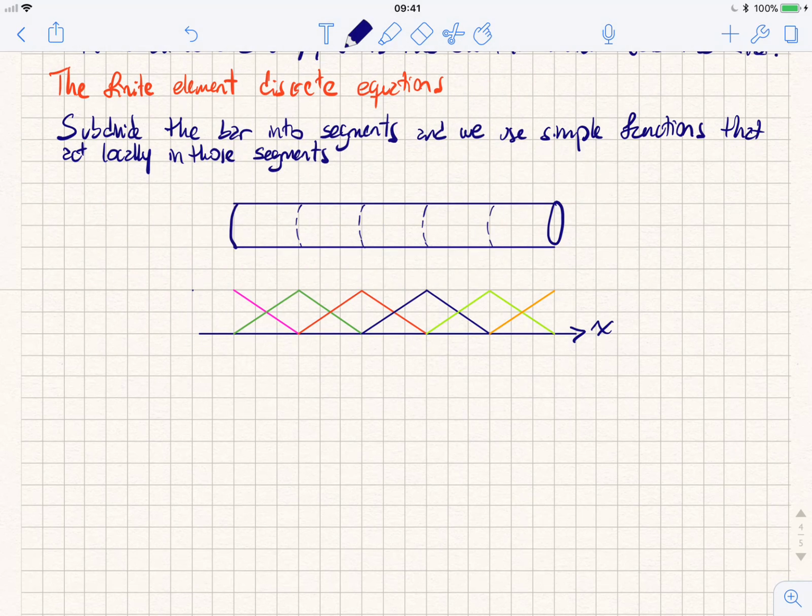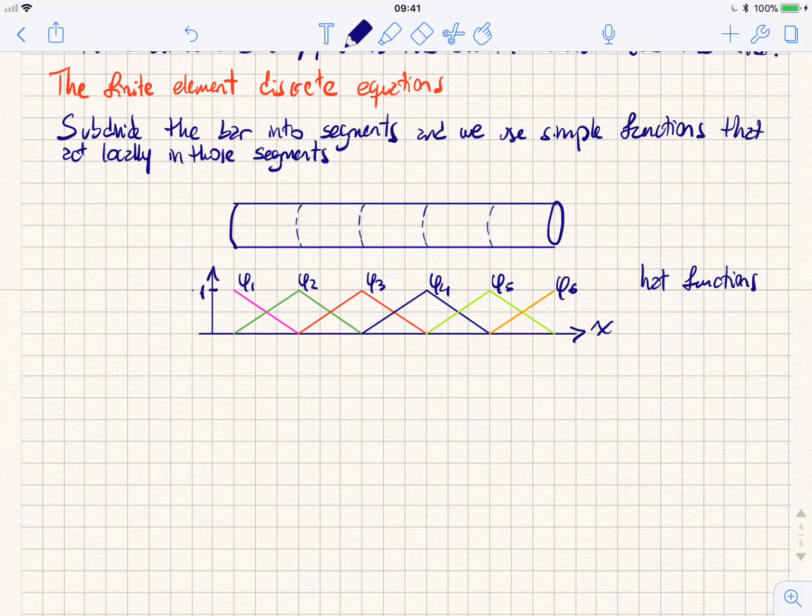Let's do it properly. And let's call these phi1, phi2, phi3, phi4, phi5, phi6. These are normally called hat functions. Okay, they are linear, and the maximum value of these functions is equal to 1. And they ramp down to 0 at the other nodes of the element. And we'll talk about a few properties of this approximation.